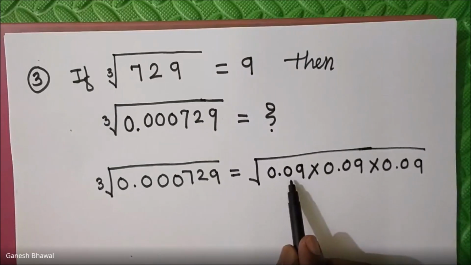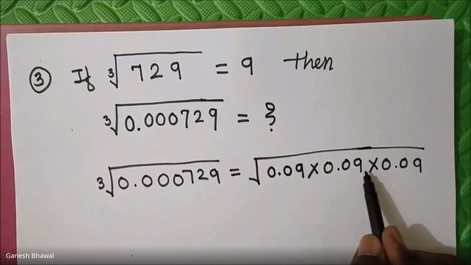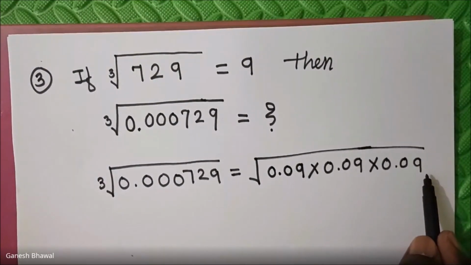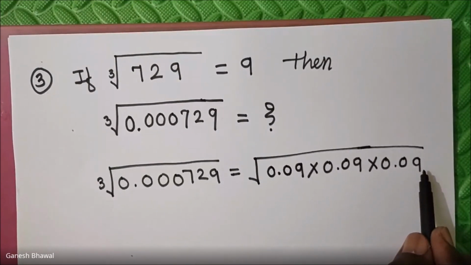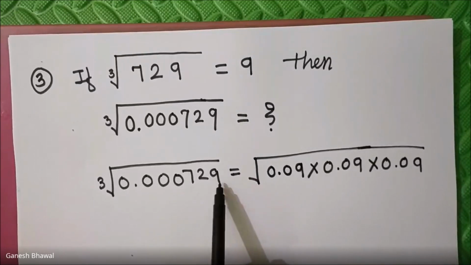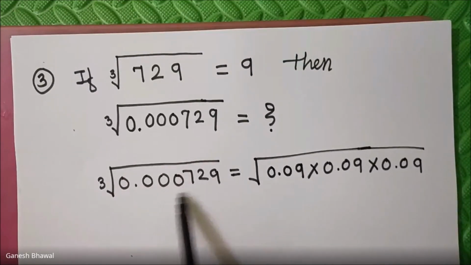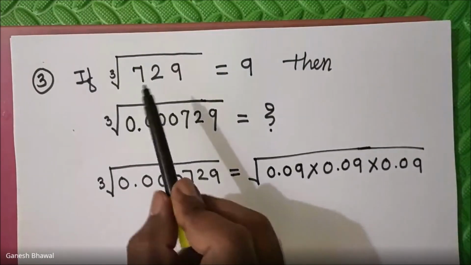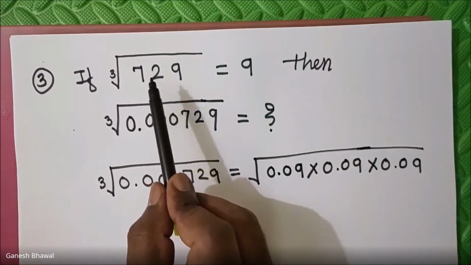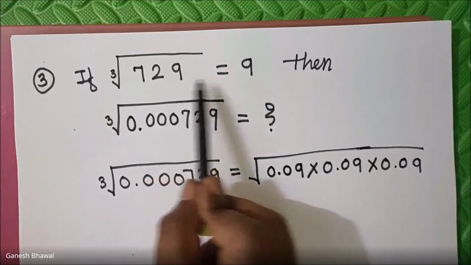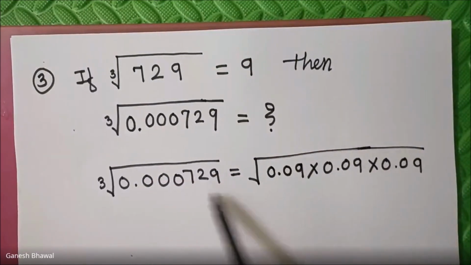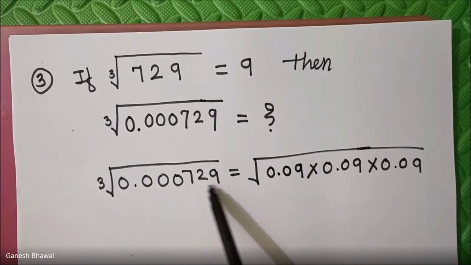After the decimal point, here 2 digits, here 2 digits, and here also 2 digits. All together 6 digits should be there, and here 1, 2, 3, 4, 5, 6, 6 digits are there. And as it says in the question itself, the cube root of 729 is 9. Therefore, we have taken 9 for this 729.